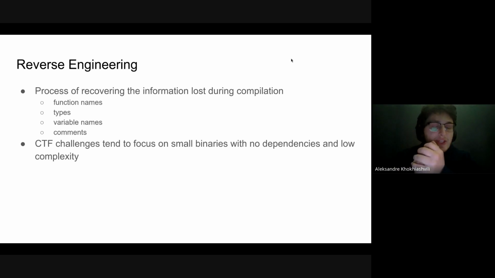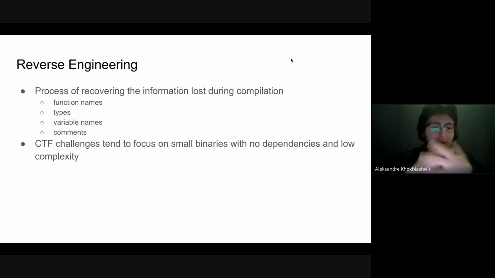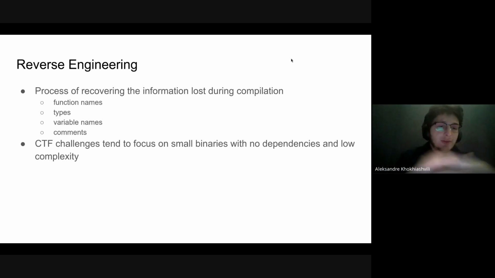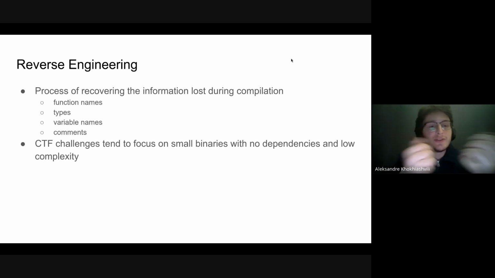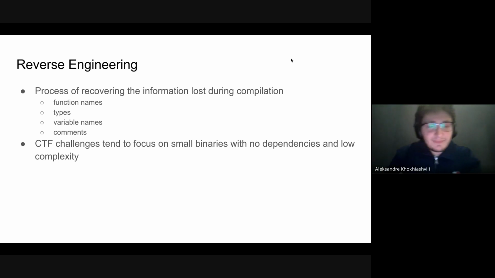All of this is information which a developer wrote into the source code, right? Also variable names and comments, all of this information gets lost during the compilation steps, and everything gets transformed to assembly, which kind of resembles what the developer wrote, but it is not perfect information. It has lost information, and the task of reverse engineering is to recover this information from the binary and understand the intentions and logic that the developer wanted to write.